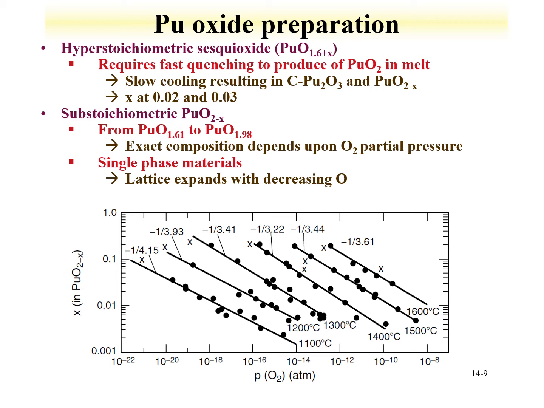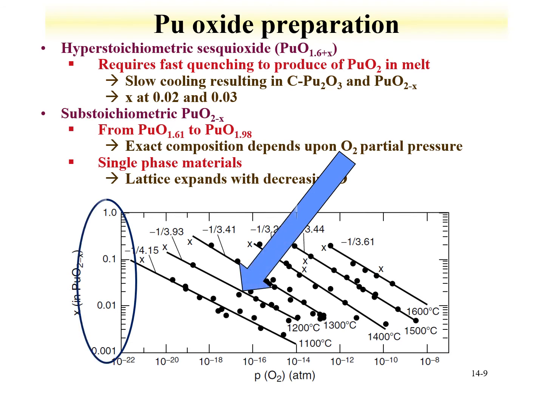The exact composition depends upon the oxygen partial pressure, and that's shown here, where over here we can see what x is. So PuO2-x, and x can go from 0.001 to 1, so we have a fairly large range of control.